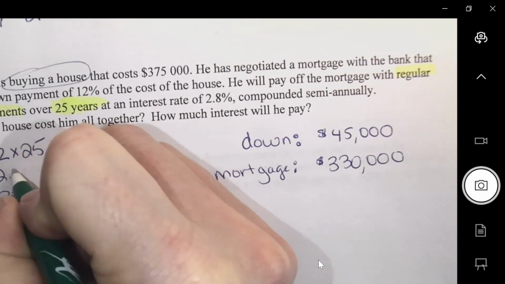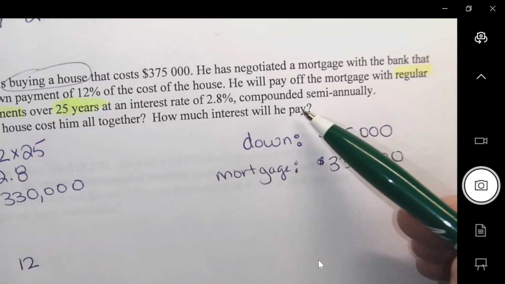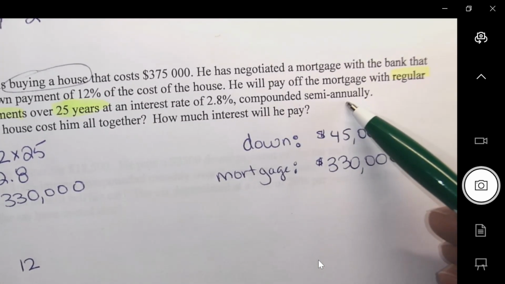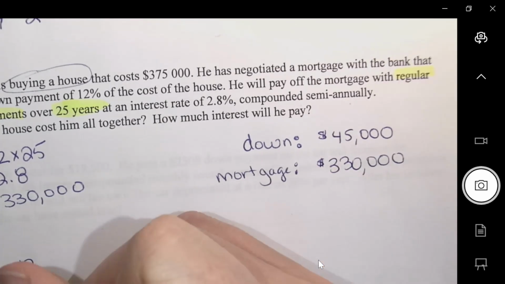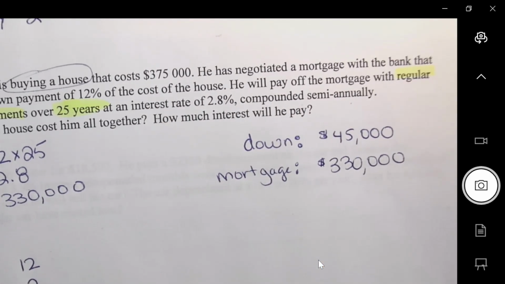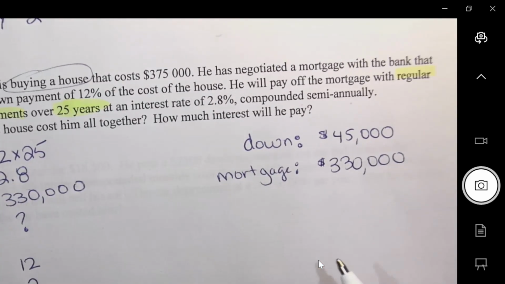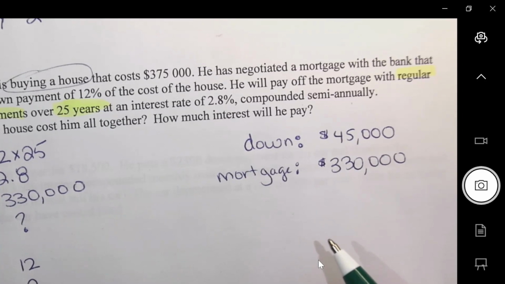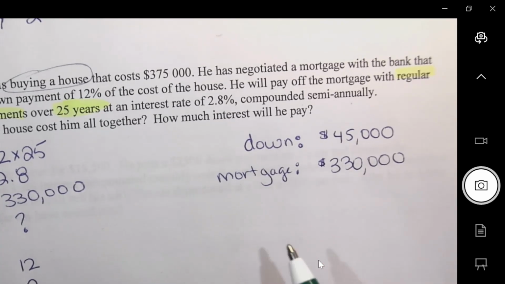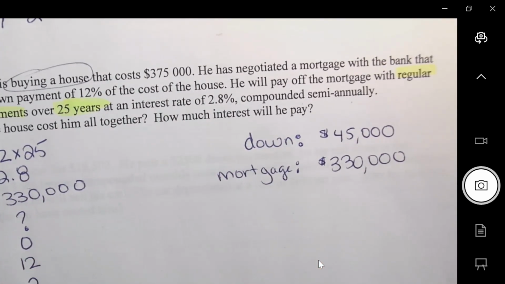We got 2.8 compounded semi-annually. So the payment is what we're figuring out. And what is the future value of our mortgage with the bank? 0. We're trying to pay off. Okay, so get me the payment out of that.